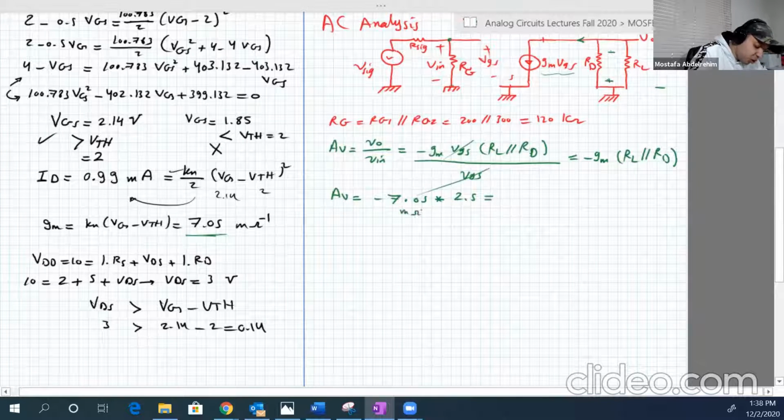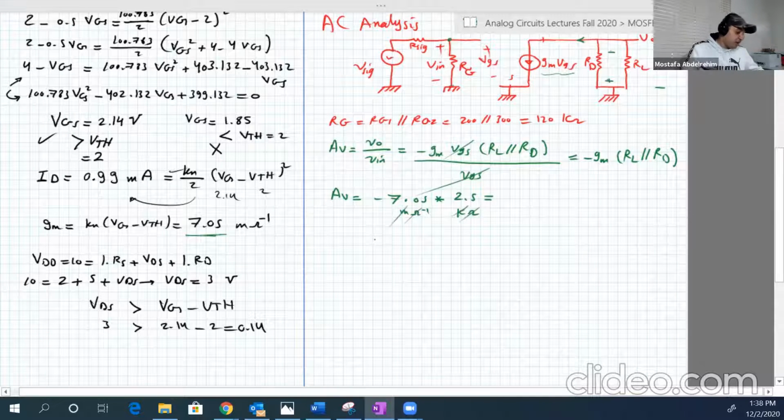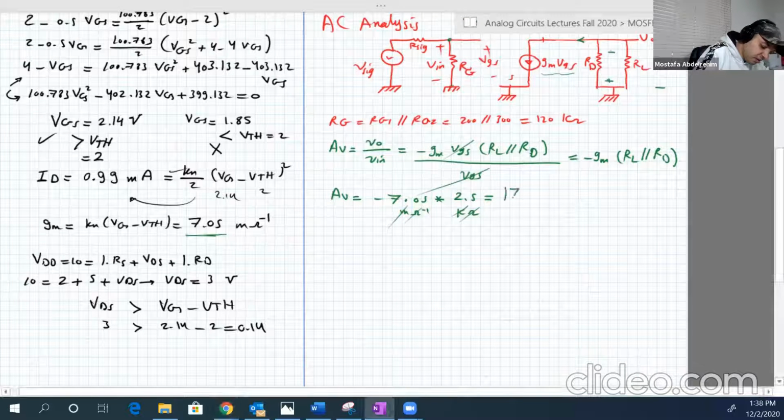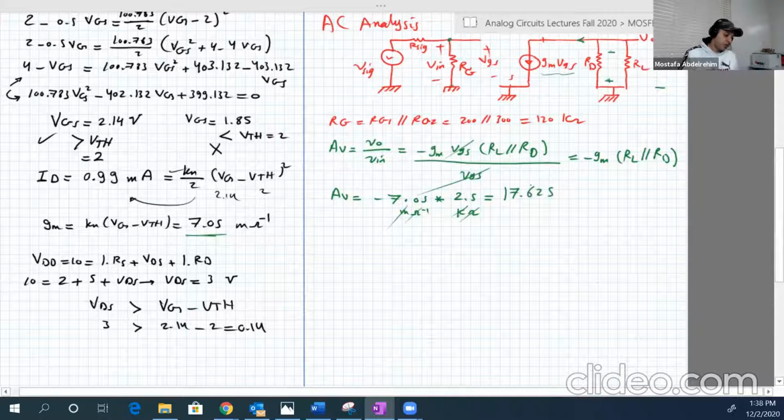And remember, GM is in milli ohm to the minus 1 and this is in kilo ohm, so the kilo will go with the milli, so we are fine. 7.05 multiplied by 2.5, let's do it very quick. It's 17.625. Okay, this is AV.